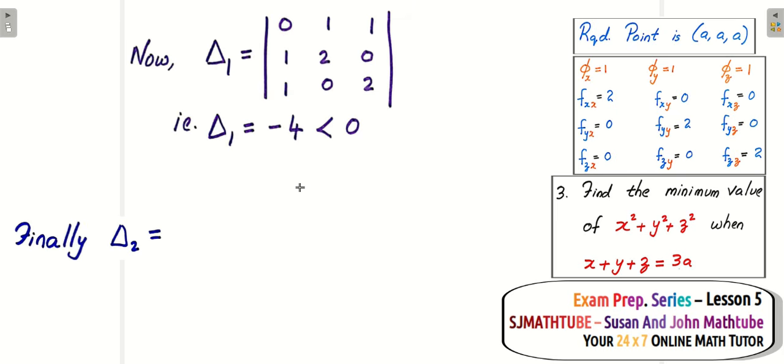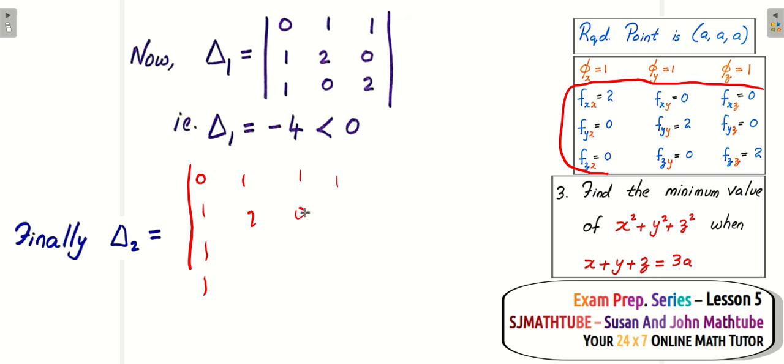Now delta 2, I told you the trick. First you put 0, then you write all these values 1, 1, 1, 1, 1, 1. Now copy this. So you're going to get 2, 0, 0, 0, 2, 0 and 0, 0, 2.